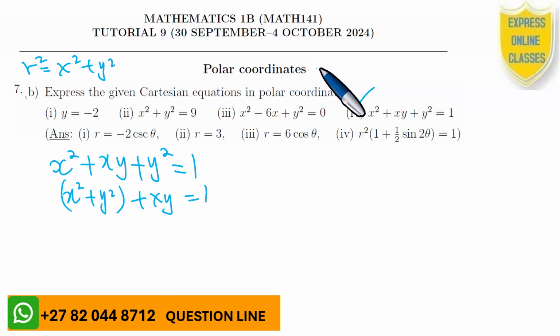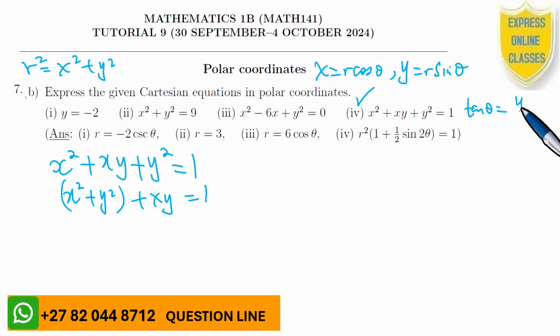We know that x is r cosine theta, and y is r sine theta. We also know that the tangent of theta is y over x.